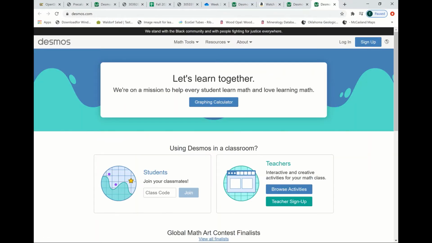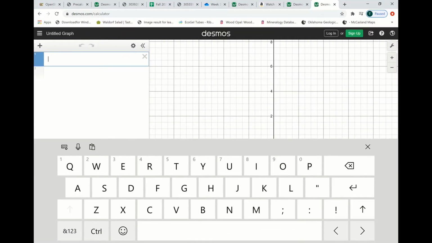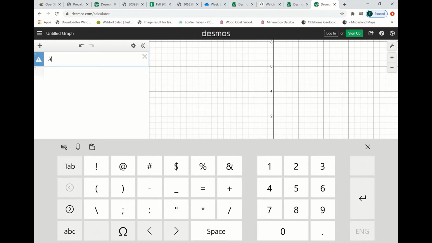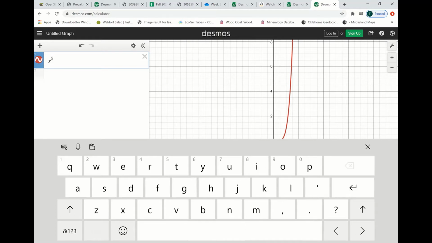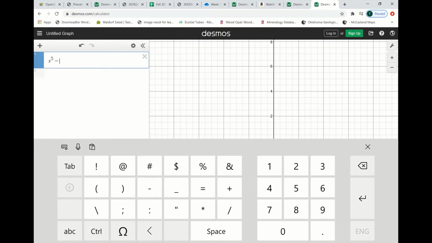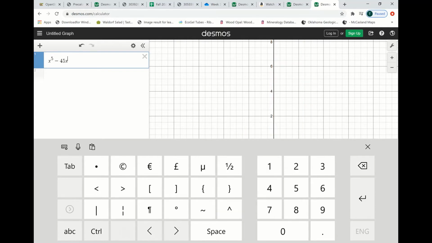So let me go back here, and we'll do, let's see, what can we do? x to the 5th minus 45x. Oh man, it's hard building these in your head.